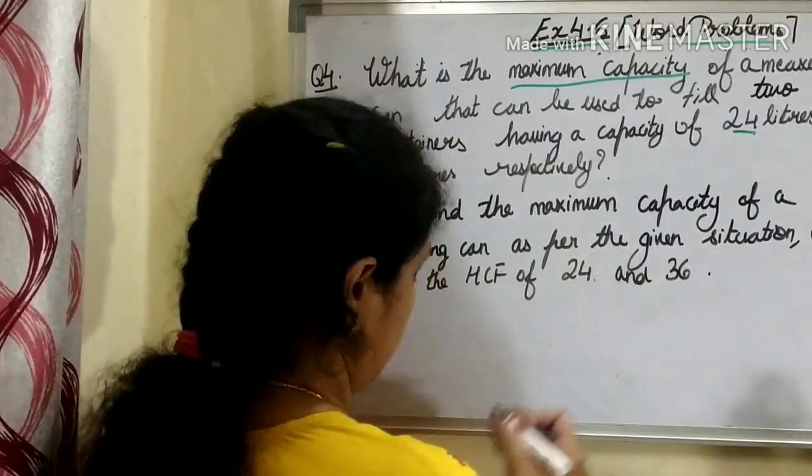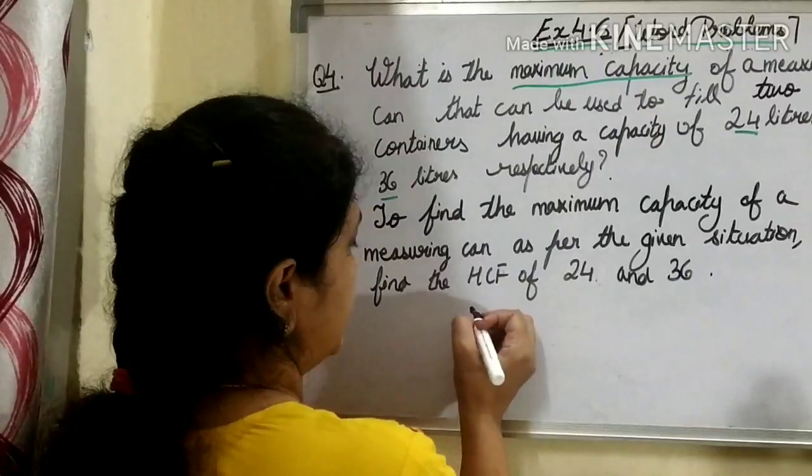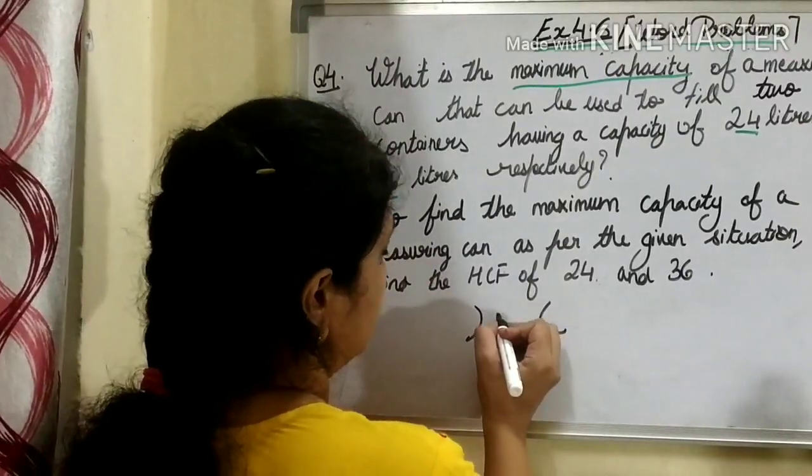Okay, so first we'll find the HCF of 24 and 36. We can do it by any of the methods. Here I am doing it by the long division method.